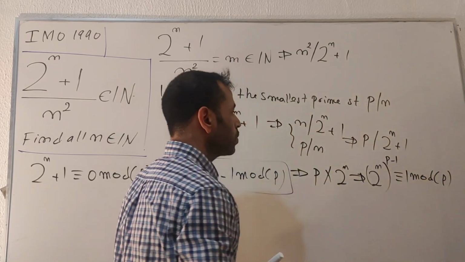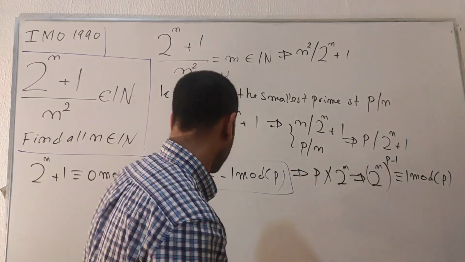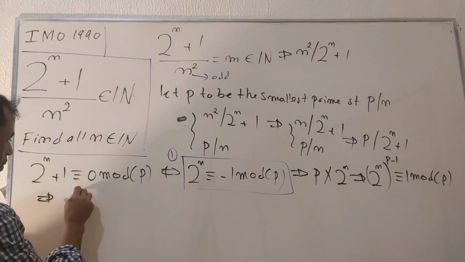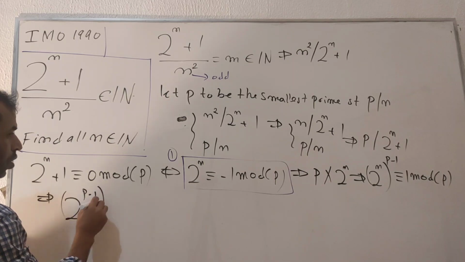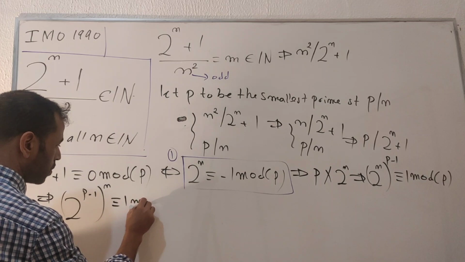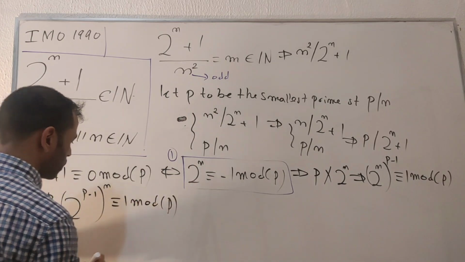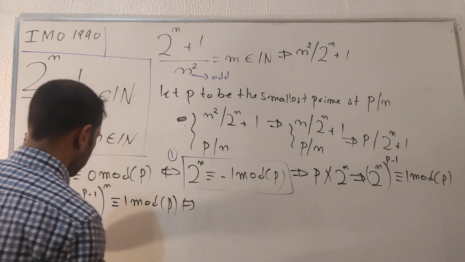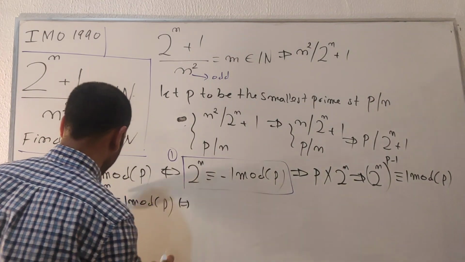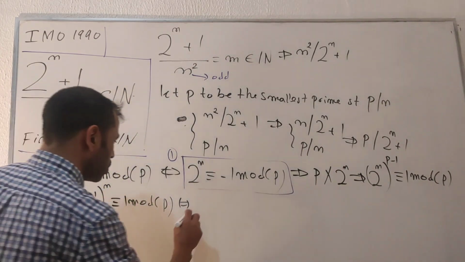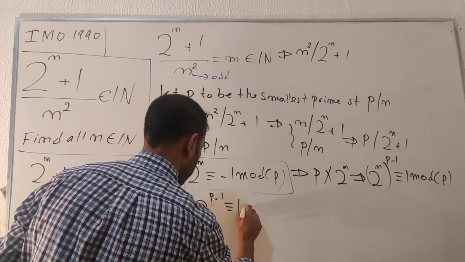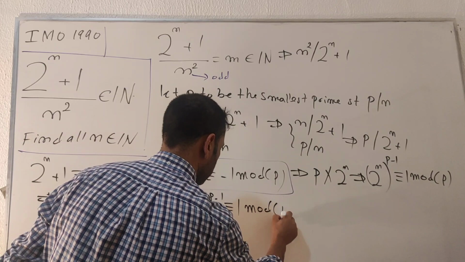I'm going to switch the exponents, so I will have 2 to the p minus number 1, all raised to the n as a power, is congruent to 1 mod p. This is equivalent, taking this n out of the exponent as we have an odd n here, to 2 to the p minus 1 is congruent to 1 mod p.